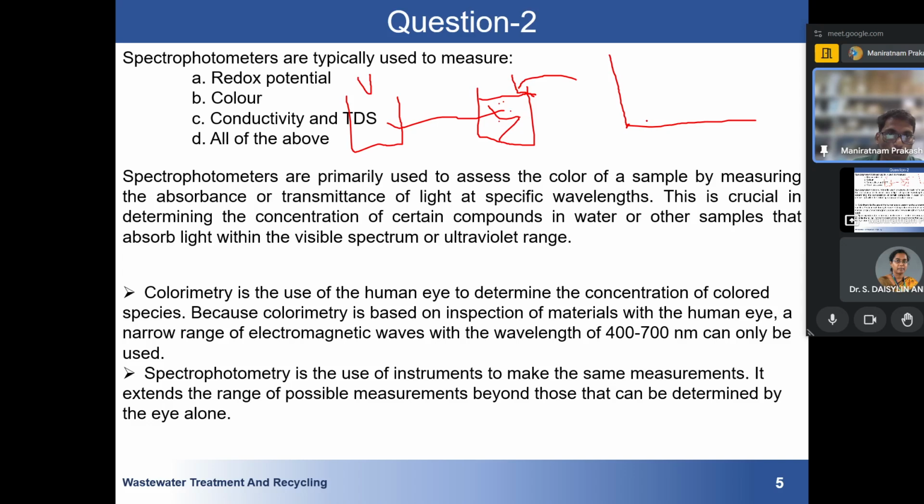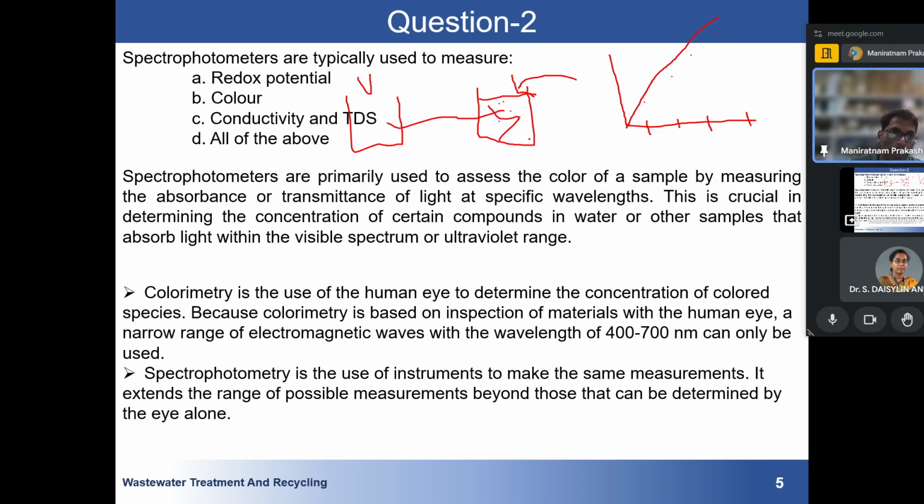Chromium 6, remember, can be measured by this photometer. For 0.1 milligram per liter there will be some absorbance, then for 0.5 there will be some absorbance, and for 1 there will be some absorbance. We will draw this line and get the calibration curve.